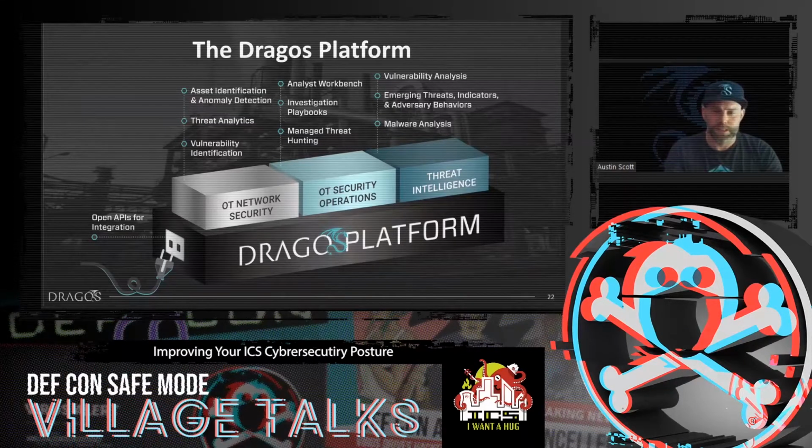And of course, the Dragos Platform is our commercial product that does threat-based monitoring of ICS networks with playbooks and feeds into our intel with the latest activity groups that are targeting these environments.